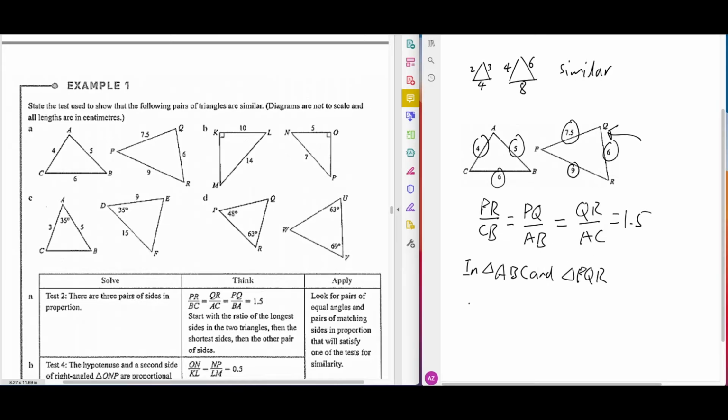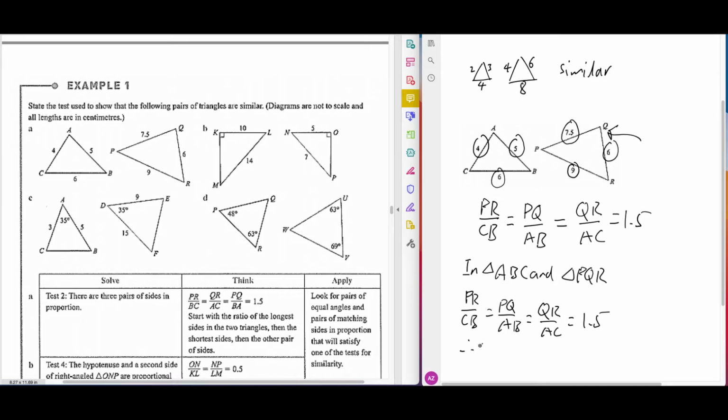Now what you can do is just write this. PR over CB is equal to PQ over AB is equal to QR over AC, which equals 1.5, right? So this is your only line of reasoning, because this is enough to show that they're similar.